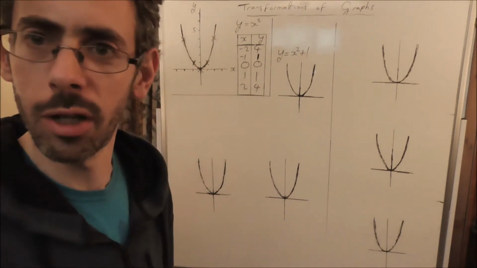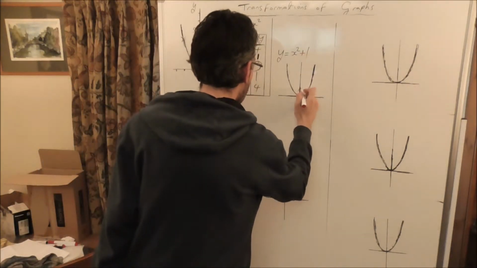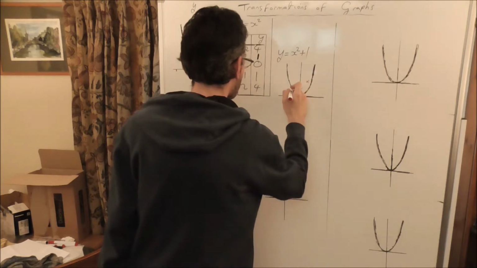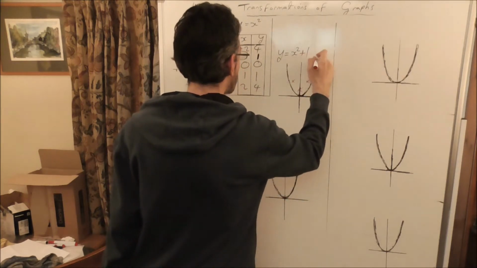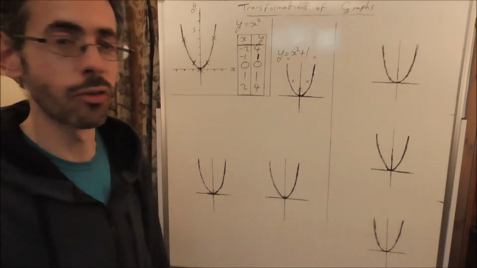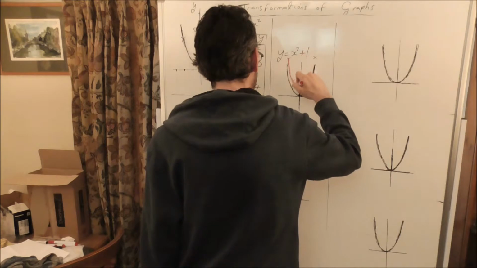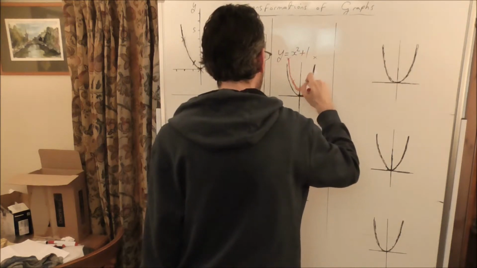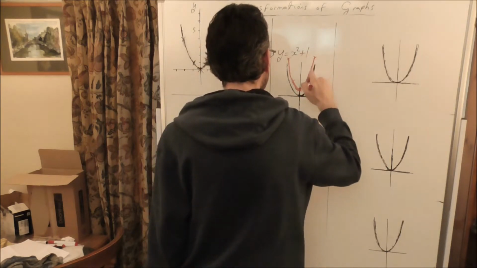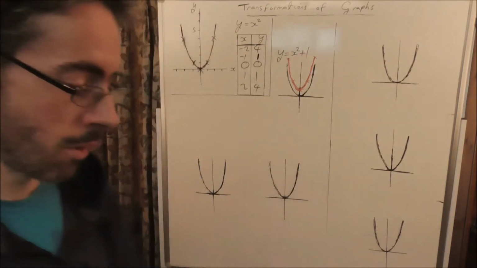It's going to translate 1 place up. So this point's going to move up 1, this point's going to move up 1, and so on for each point. I'm just imagining moving some points up, as there's no scale, so I've just got to imagine doing it. But the new graph is going to look something like this. So the whole graph has been translated up 1.